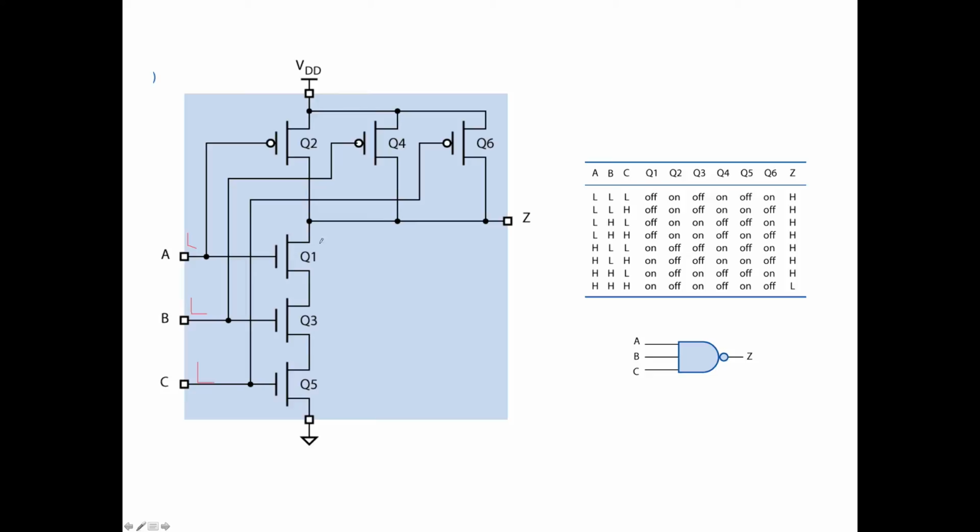If all of these are low, then I break off this path three times in a row, so there is no path to Z. On the upper half, if I have lows, that's a short, that's a short, and that's a short. So clearly I have a connection to VDD. If all of those are low, I get a high out.